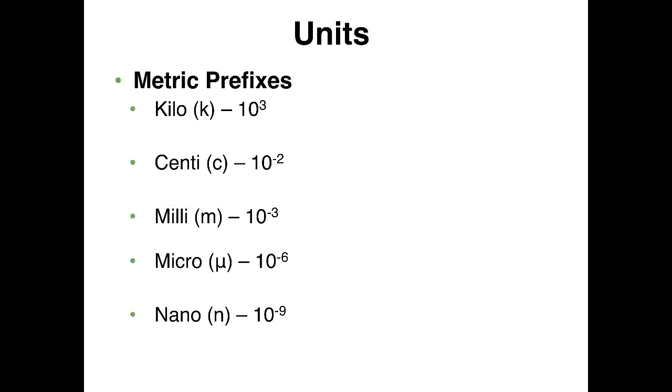Nano is 10 to the minus ninth, or 1/1,000,000,000th of a meter, and it takes 1,000,000,000, or 10 to the ninth, nanometers to make a meter. You should memorize these 5 prefixes so that you know what each of these means. These are commonly used prefixes, and these should be memorized.